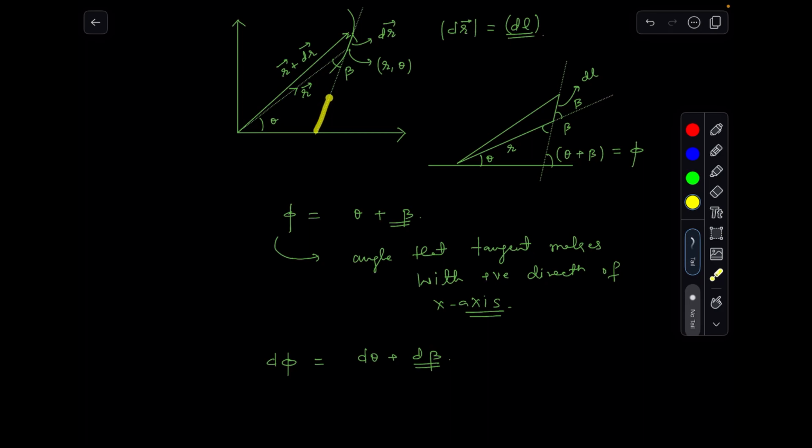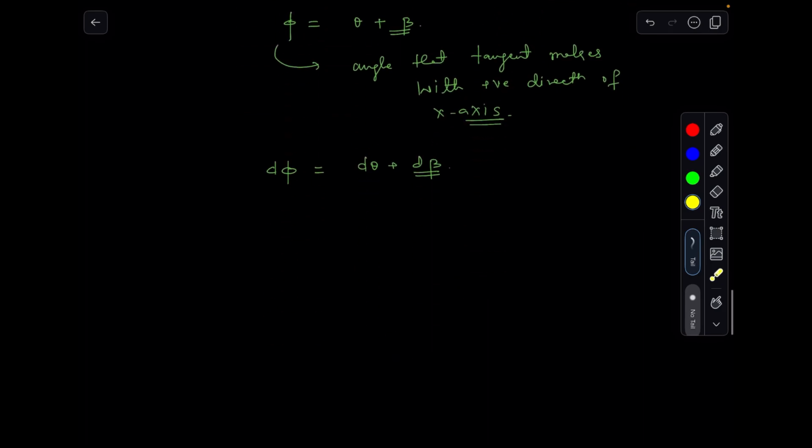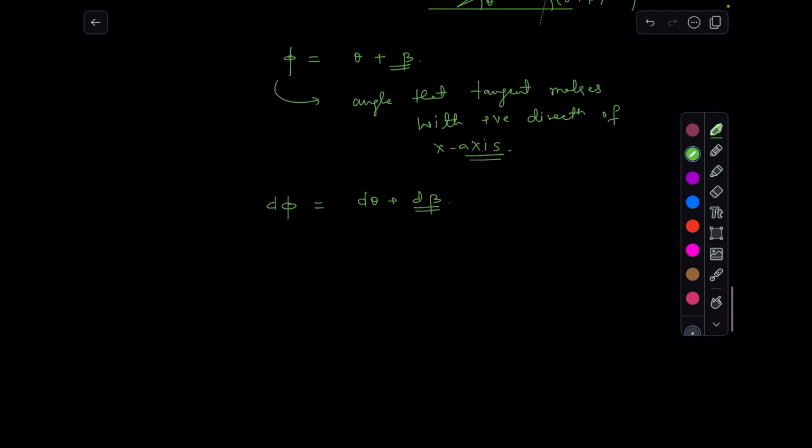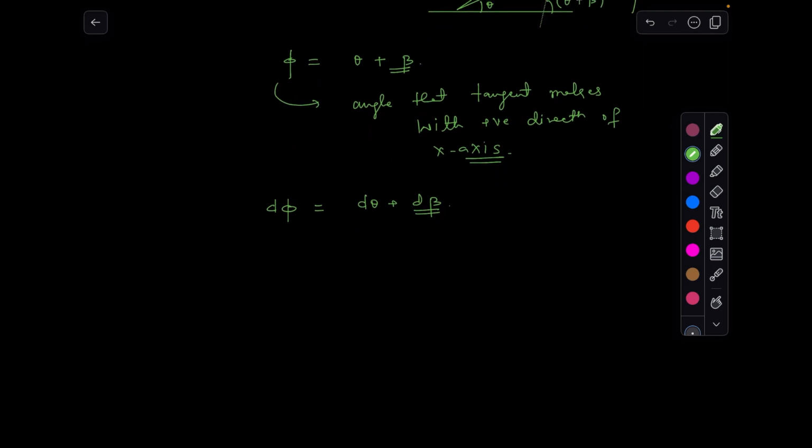So moving from this point to this point, the tangent gets rotated by d phi. So how to find d phi? We have written d phi equals d theta plus d beta.